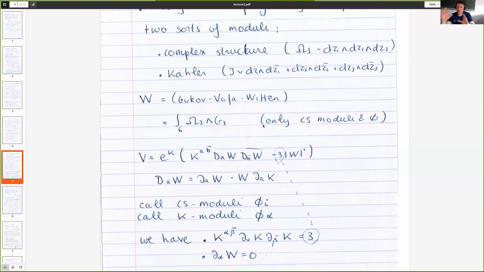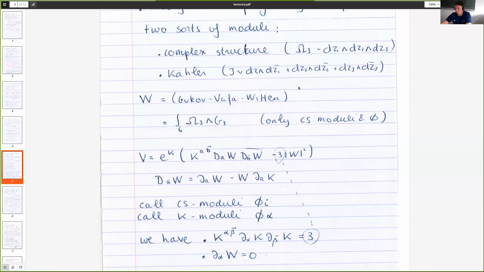Okay, but that is okay. I can have such a component which is still solving the ISD conditions. So to summarize, the GKP solution, as we call this object, breaks supersymmetry the moment G3 has 3 feet in the barred directions, in the anti-holomorphic directions.